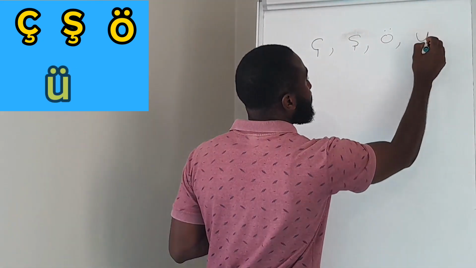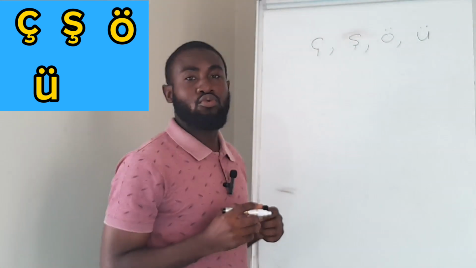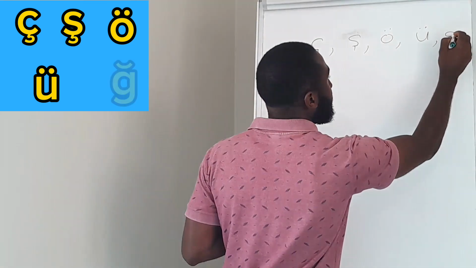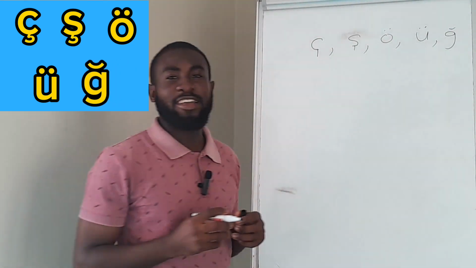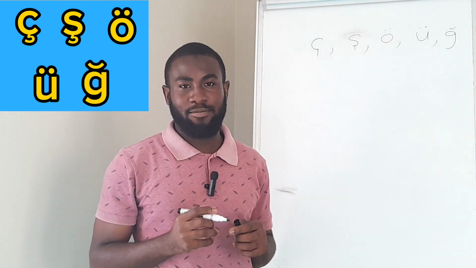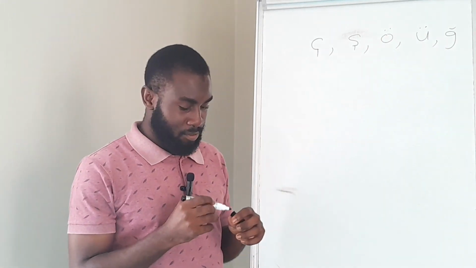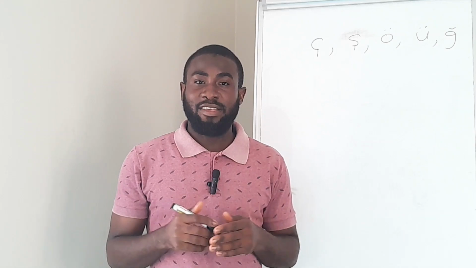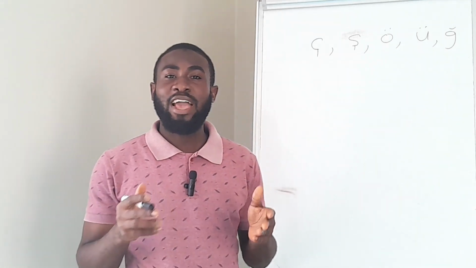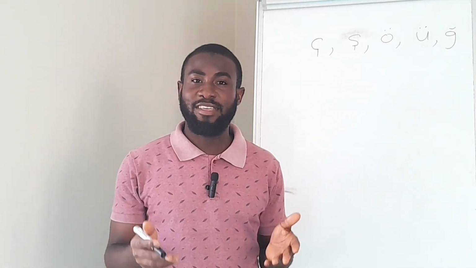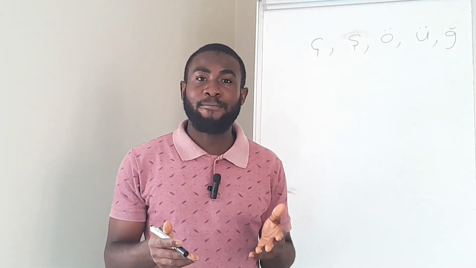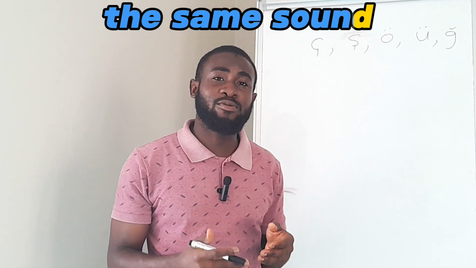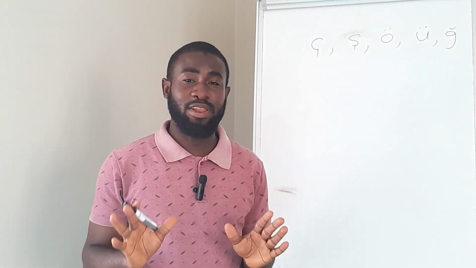And then we have yumuşak, yumuşak. Another thing about the Turkish alphabet is that once you learn how to pronounce the letters individually, you will always pronounce the letters with the same sound you learned in the first place.